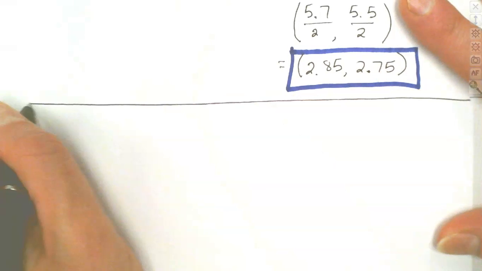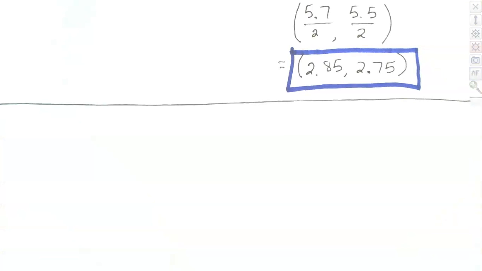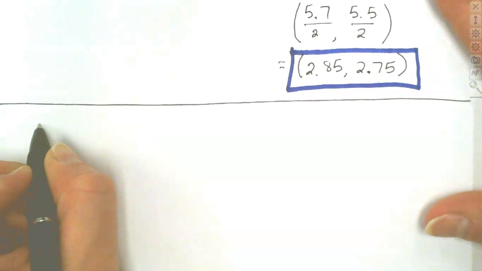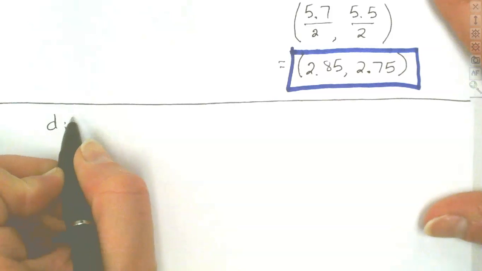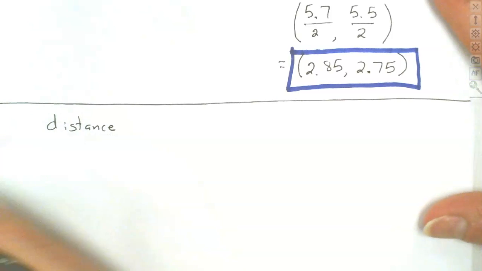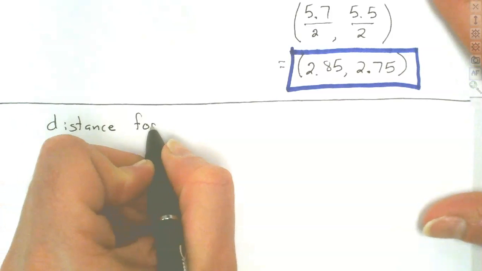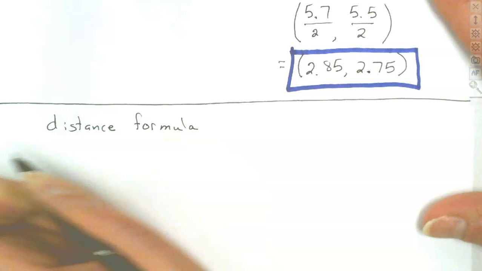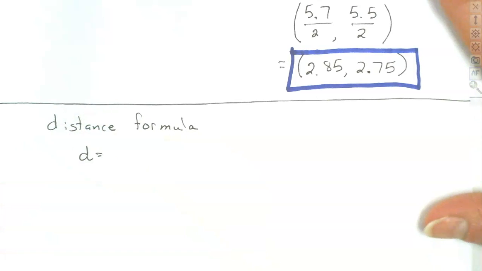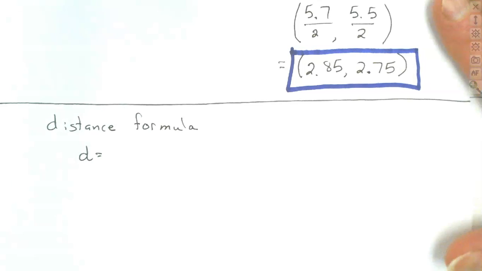Now, the distance formula is a little bit more complicated because in the distance formula, we're going to have to take square roots, which means we're going to have to break them down. So the distance formula is a little bit more of a challenge. And the distance formula is this. The distance formula, we label that D for your distance.